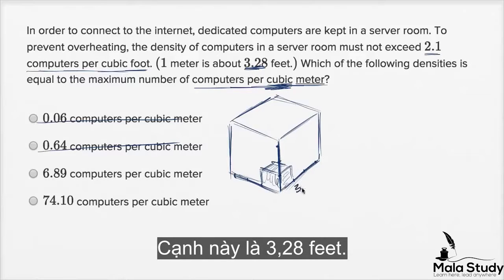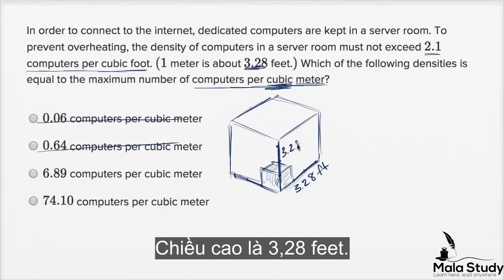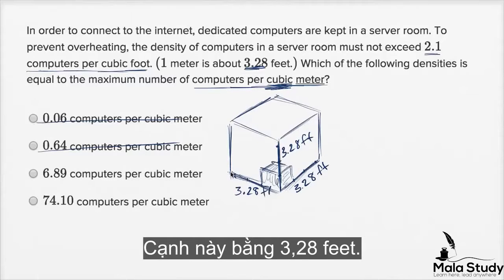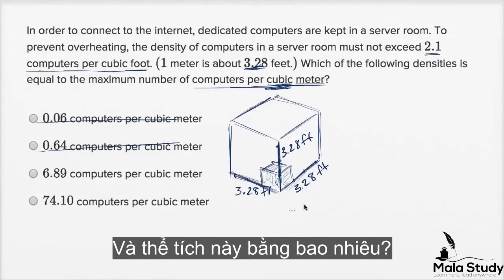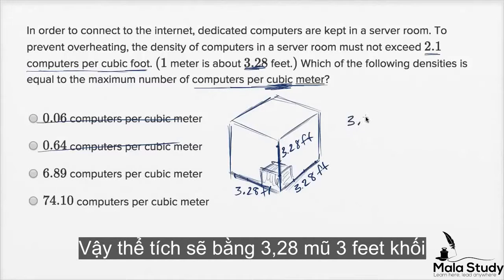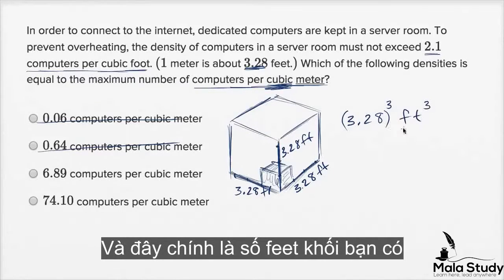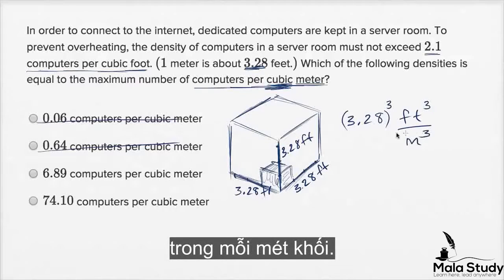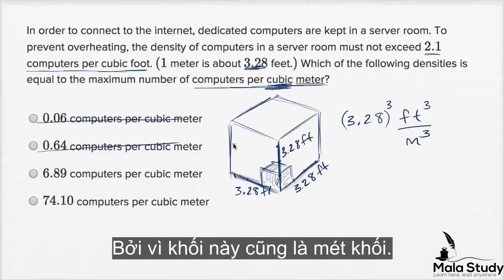It's going to be 3.28 feet in this dimension, 3.28 feet high, and 3.28 feet deep. So the volume is 3.28 times 3.28 times 3.28, which is 3.28 to the 3rd power cubic feet. This is the number of cubic feet per cubic meter.